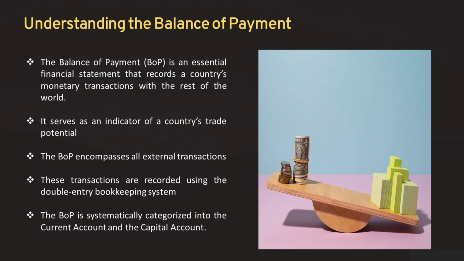Now, whenever we are talking about balance of payment, it encompasses all external transactions including export and import of goods and services, foreign investment, loans, foreign aid, financial transfers and capital movement. That is why balance of payment includes all the external transactions.